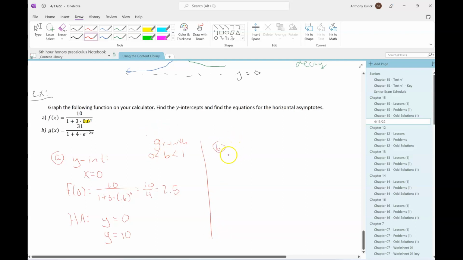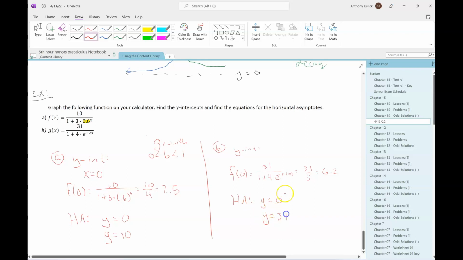If I look at the second equation, the y-intercept there is going to be 31 over 5, or 6.2. Again, the horizontal asymptotes are at 0 and 31.